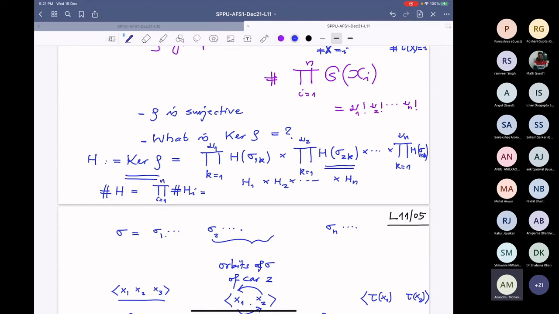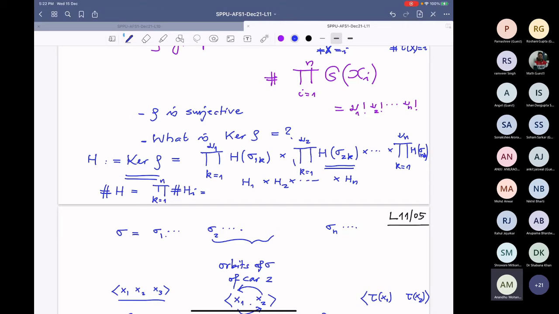Very good. But what is the order of sigma 1i? I have written i here, you want to write k? Write k, it doesn't matter. So what is the order of that group? And nu i will appear many times, no? First of all, suppose there is only one cycle.